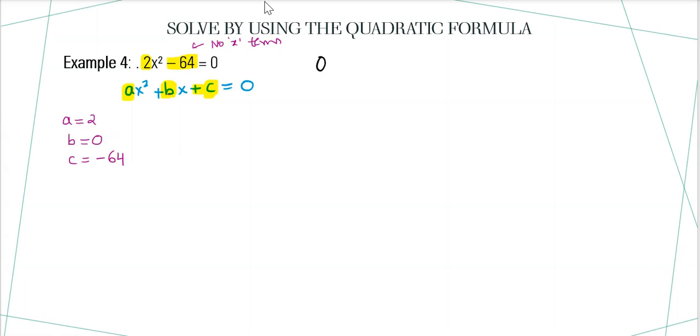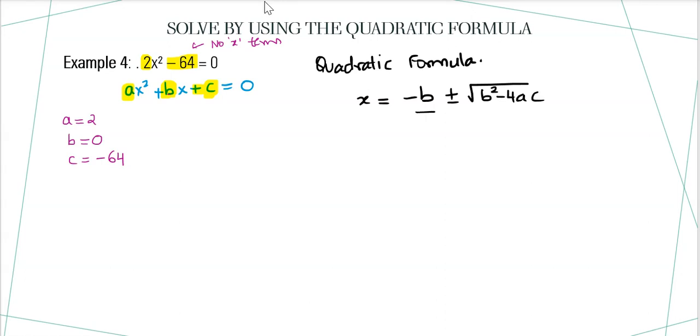Okay, now the quadratic formula is, yes, what is it? x = (−b ± √(b² − 4ac)) / 2a. So let's find the discriminant b² − 4ac in advance.